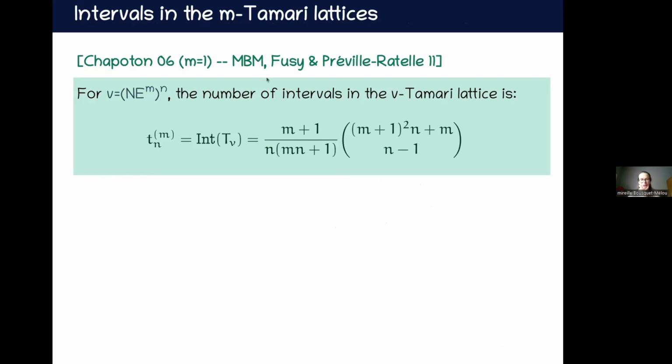And so, quite a few years ago, with Eric Fusy and Louis-François, we proved this conjecture, saying that if you take this m-stair as your base path and look at the corresponding Tamari lattice, the number of intervals that you get, which depends on n, the number of steps, and m, is given by a nice binomial times n plus 1, divided by 2 linear terms in n.